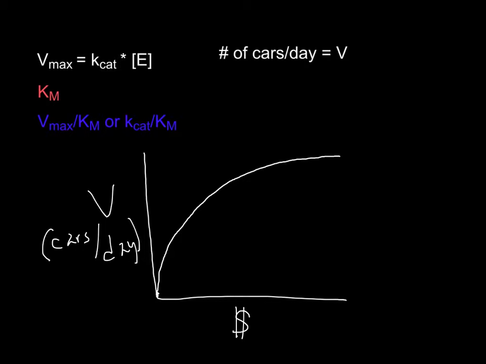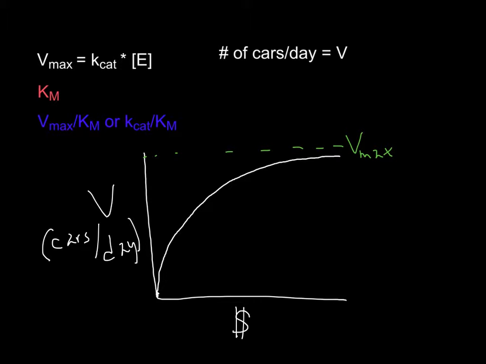All your workers are working as fast as they can. That's your maximum velocity. This asymptote that it approaches is going to be your maximum amount of cars that you can make per day per factory. That's your Vmax.